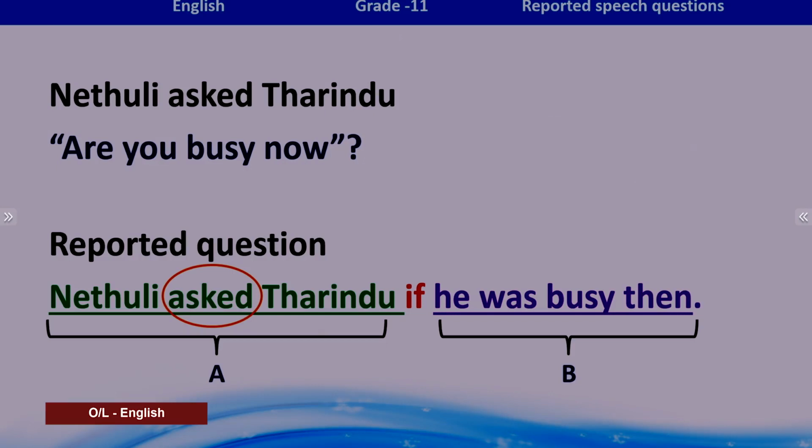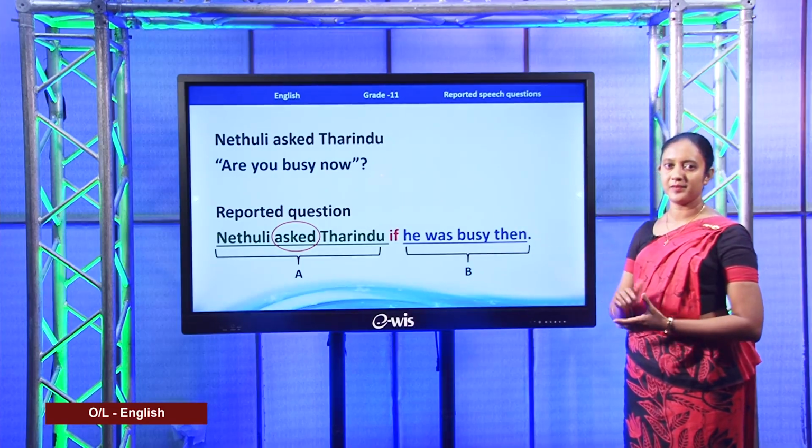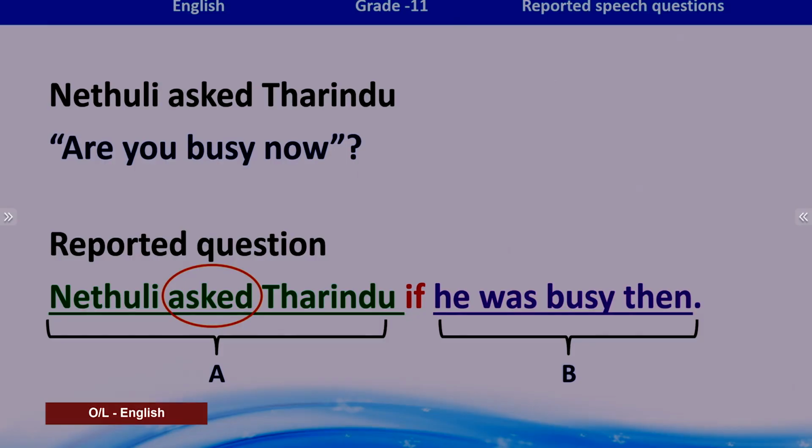So, children, can you see there are two parts of this statement, part A and part B. Let's see part A. Nithuli asked Tarindu. This is what we add to report something. Pay your attention to the verb there.